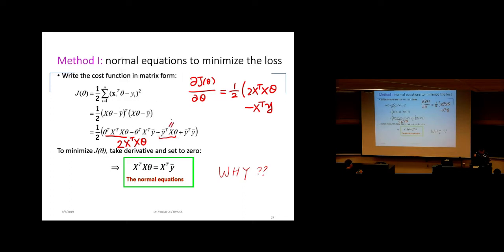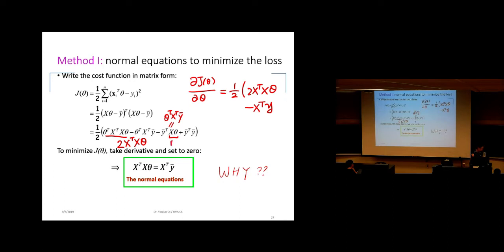This term is actually equivalent to theta transpose x transpose y. Because again, the same trick. It doesn't matter who is x, who is before, who is later, it's an inner product. Remember, what is x theta? We just derived x theta is an n times 1 vector, y predicted.